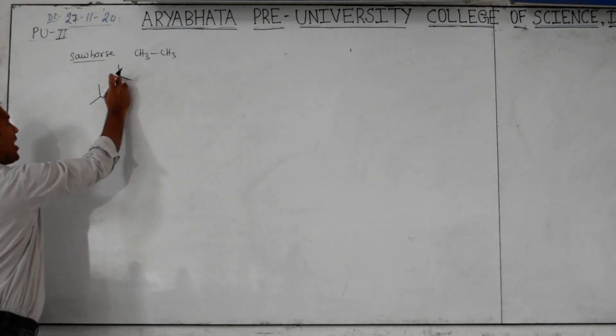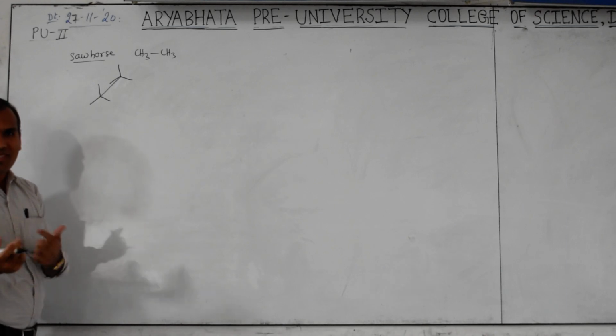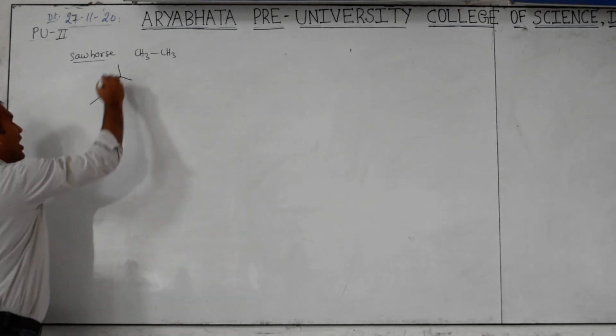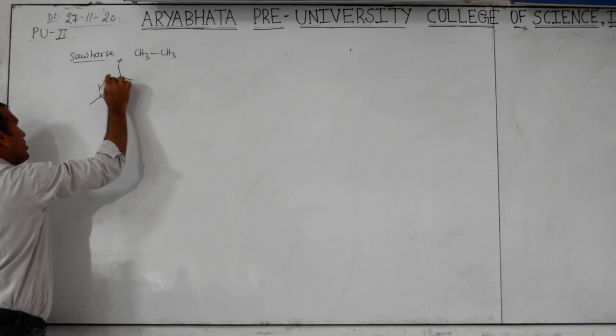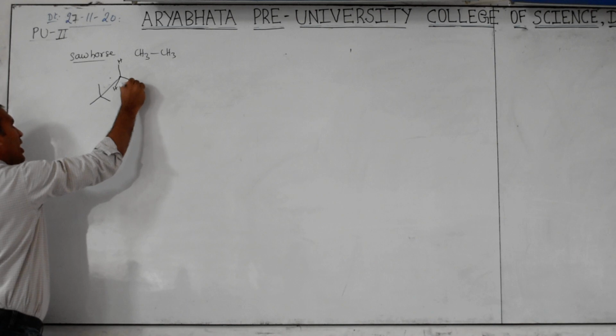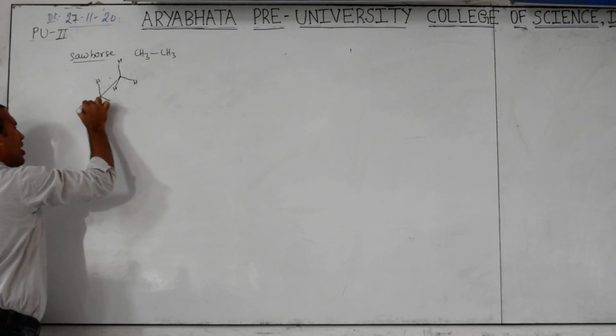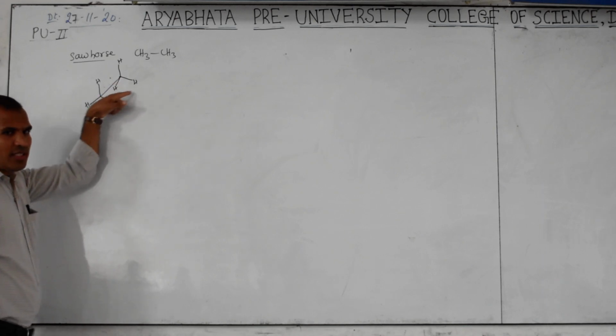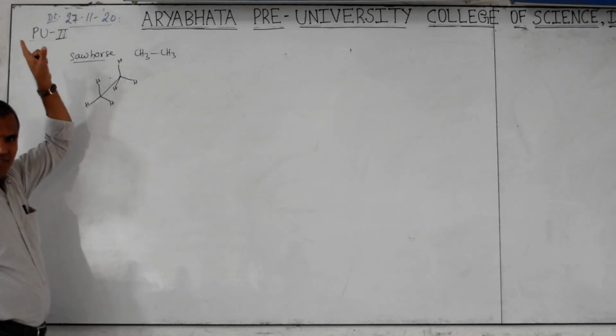So somebody will write up, somebody will write down also. It depends upon your consideration. Clear? Hydrogen, up also write, down also write, no problem. But it should be a little bit toward this inclined line, not exactly up.